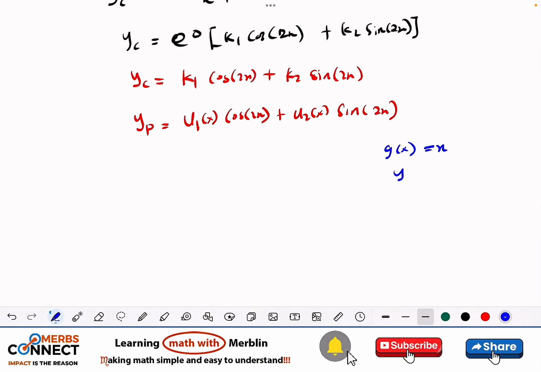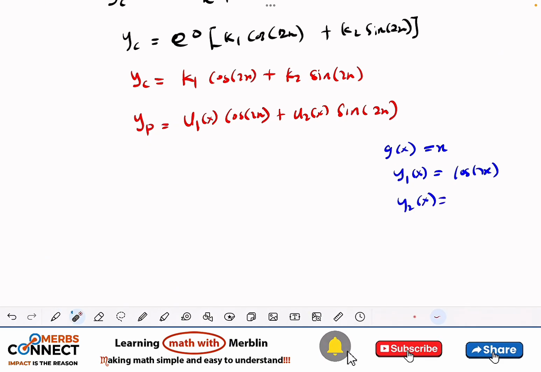Then what is y of x? That is y1. y1 is the one that goes with k1, so this one should be giving us cos 2x. And then y2 is the one that goes with k2, or c2, so this is sine 2x.